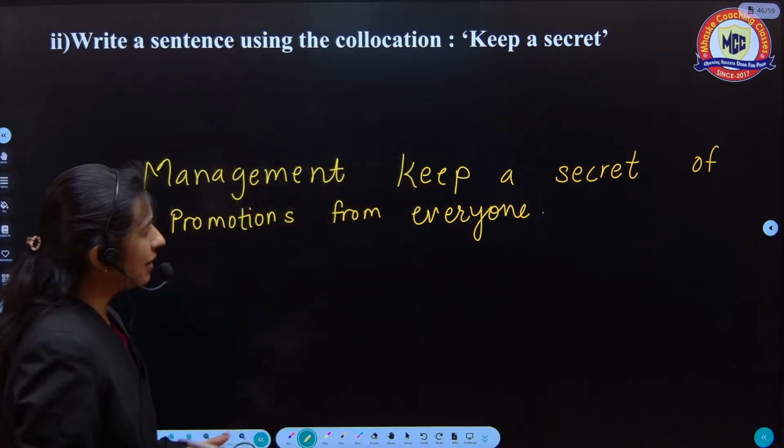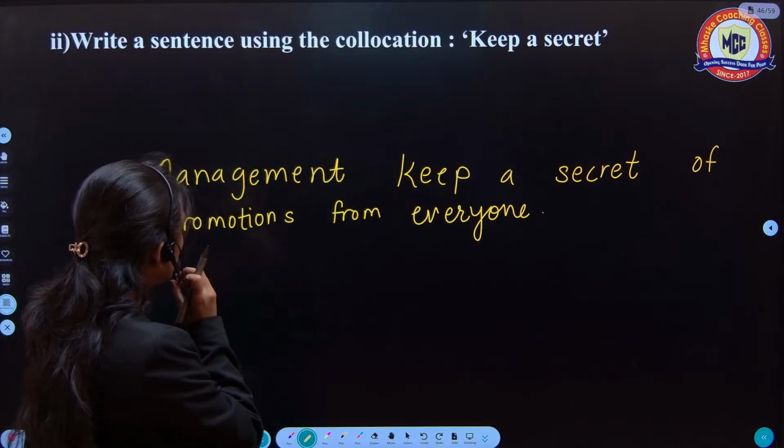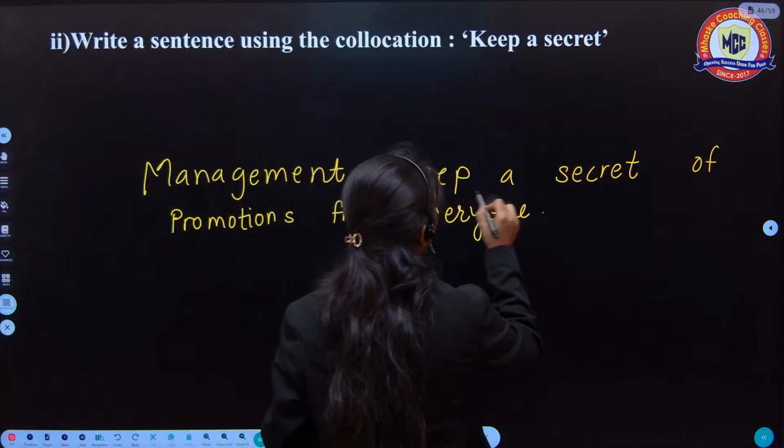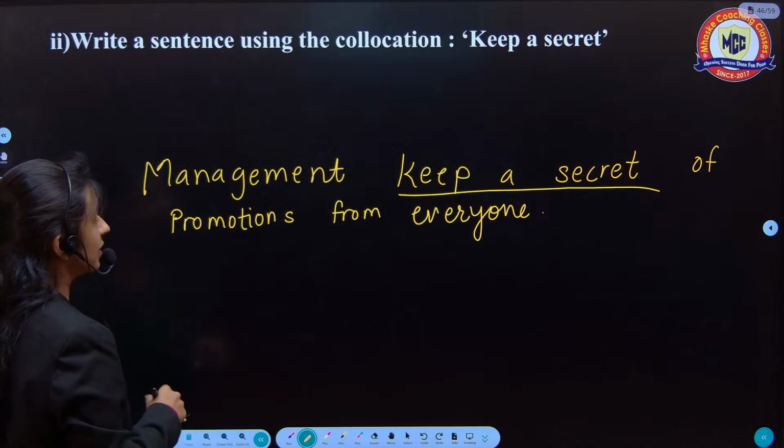So ideally, management or company management keep a secret of promotions from everyone. Make sure that you are not breaking the phrase keep a secret. Okay? Yes, let's move ahead.